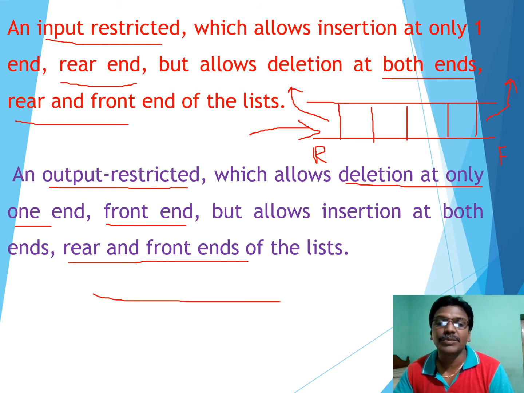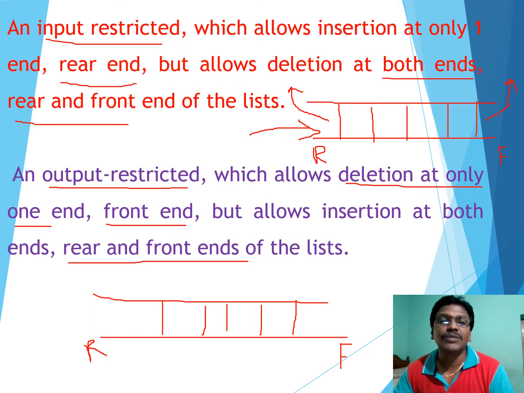For example, in a queue, this is the front end and this is the rear end. Deletion can be performed only at the front end, but insertion is allowed at both ends. It means insertion is possible at the rear end and at the front end also.